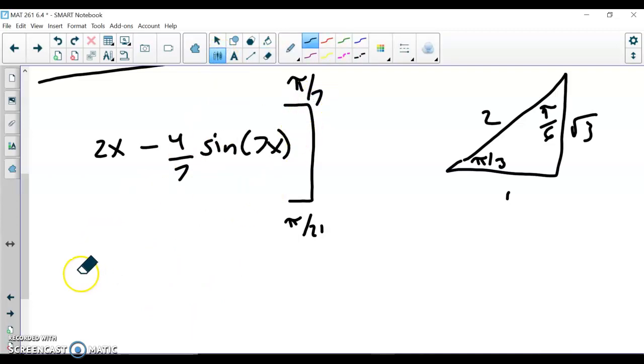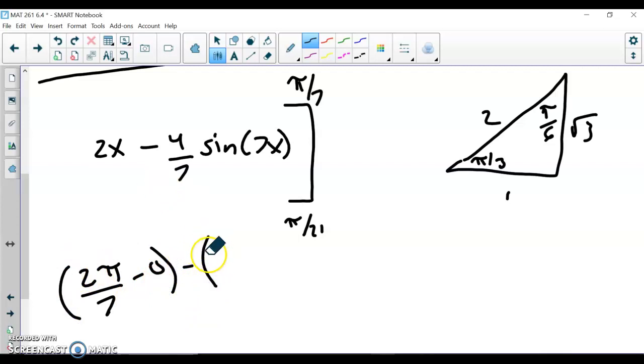All right, you plug this in, you get 2 pi over 7. And then this is the 0, whether you want to put that or not, it's up to you. There's the subtraction sign. And then we're plugging in, there's my 2 pi over 21. And then we already said this is going to be a minus 2 over 7 root 3. All right, so if we clean this up, if we make that 21, that's 3.